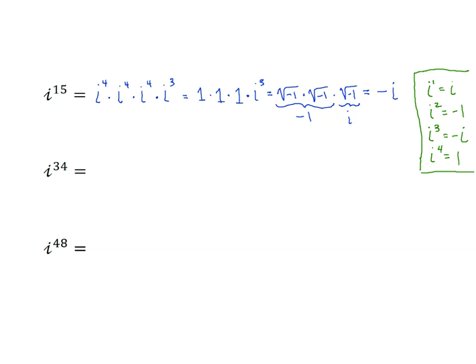So if I do 4 into 34, it goes 8 times with a remainder of 2. So that means I would have to write i to the 4th, 8 times, which I don't really want to do because I know that all of them are just going to be 1 times 1 times 1 times 1 times 1 times 1.